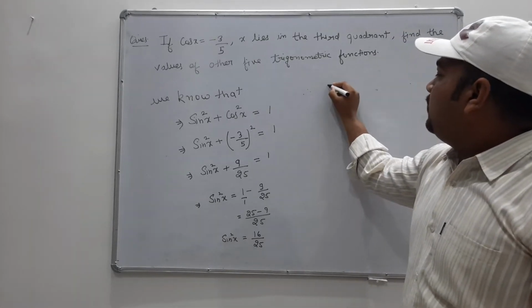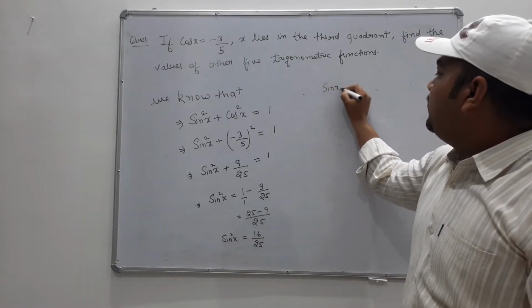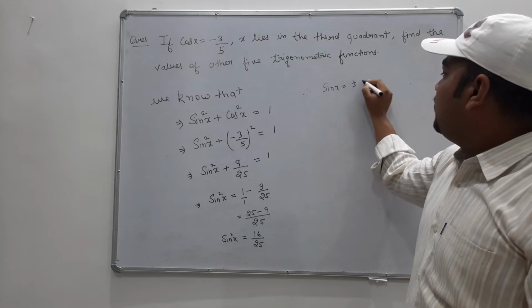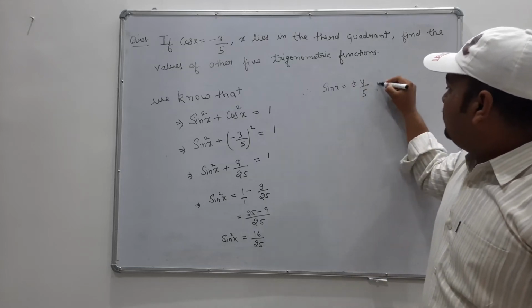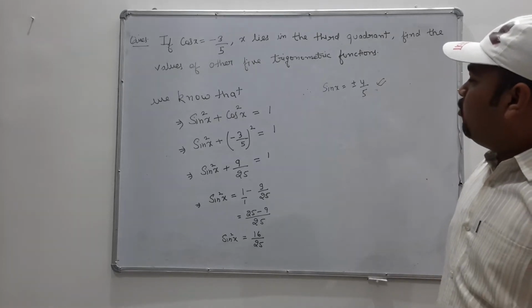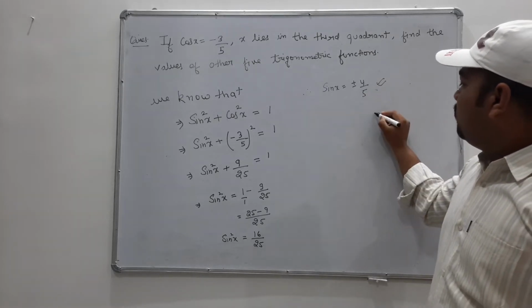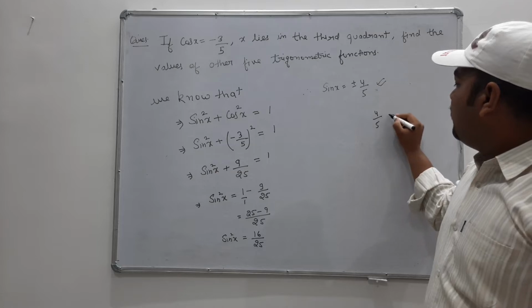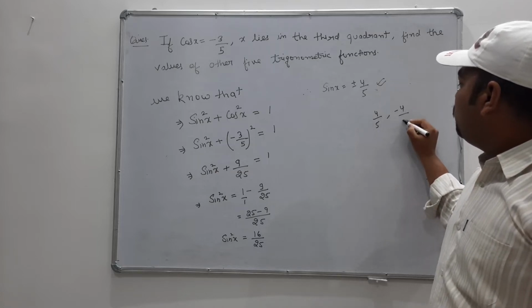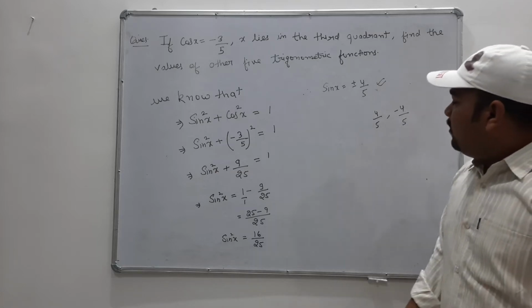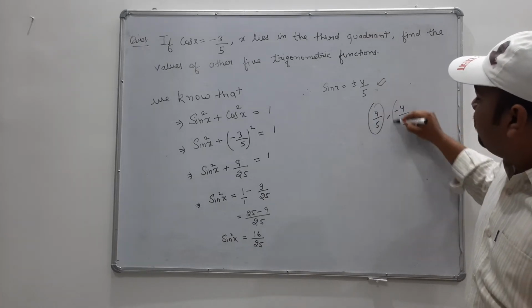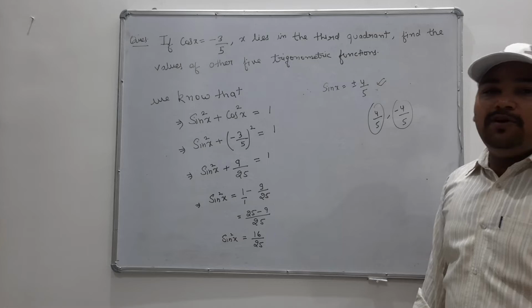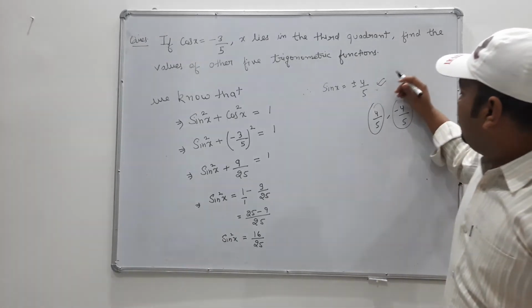Therefore, the value of sin x is plus minus 4/5. At this step, the value of sin x is 4/5 and minus 4/5. Now we have to clear which value is valid and which value is not valid.